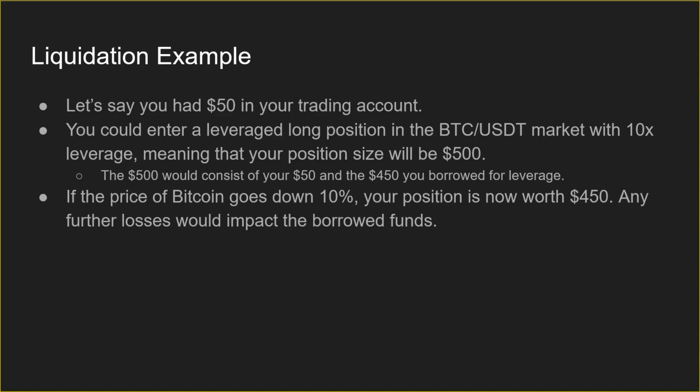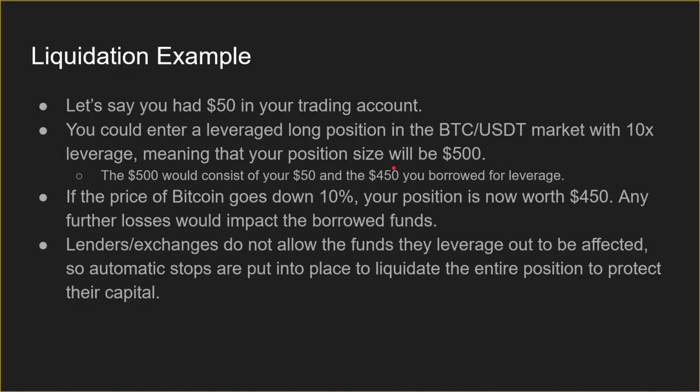Now, if the price of Bitcoin goes down 10%, your position is now worth $450. Any further losses would impact the borrowed funds, right? So you have your $50 that you put in up front, and if Bitcoin goes down 10%, your position is now worth $450. And now that's starting to threaten the integrity of the borrowed money.